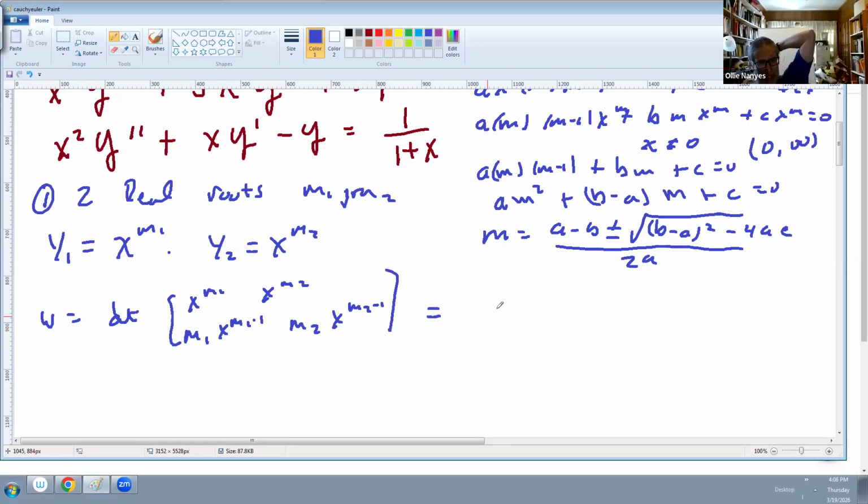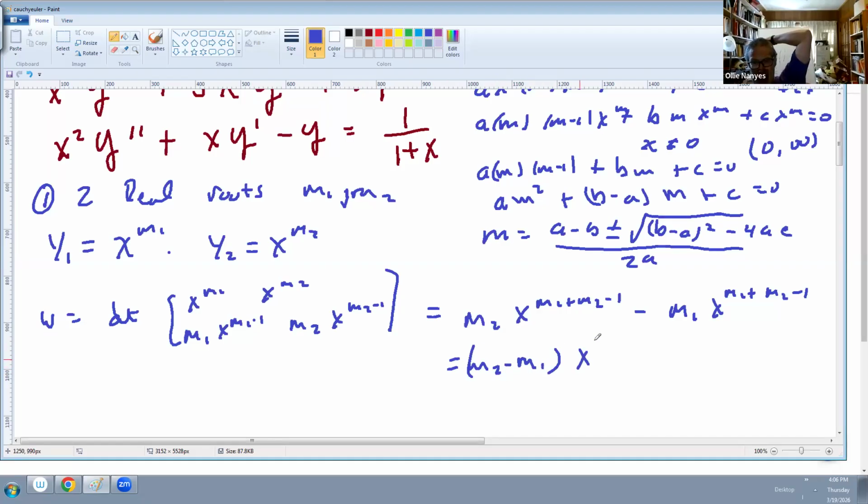Take the determinant, and we get m2 x to the m1 plus m2 minus 1, subtract m1 x to the m1 plus m2 minus 1. And this is not 0 for m2 not equal to m1.